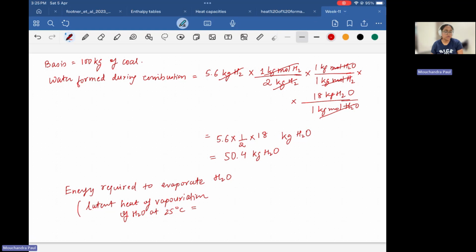If you see your properties table, that value should be 2442 kilojoule per kg. So we'll use this value to calculate the energy required to evaporate 50 kg of water.